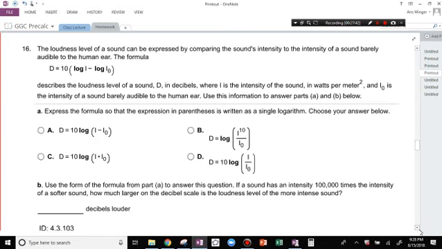And then they want you to plug in something. If the sound has an intensity of 100,000 times the intensity of a softer sound, how much larger on the decibel scale is the loudness of the more intense sound?